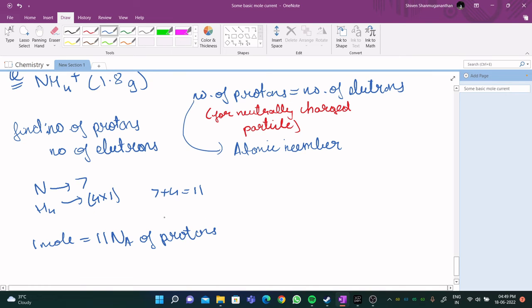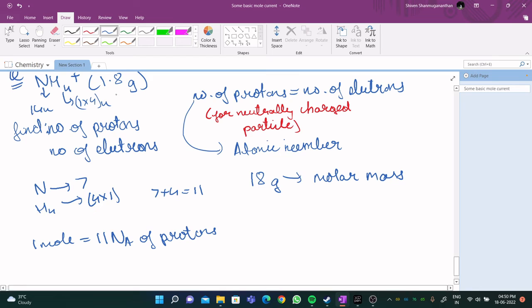But 1.8 grams means the weight of NH4 will be 18 grams. The weight of nitrogen is 14 u, and the weight of hydrogen is 1 into 4, so the molar mass will be 18 u.